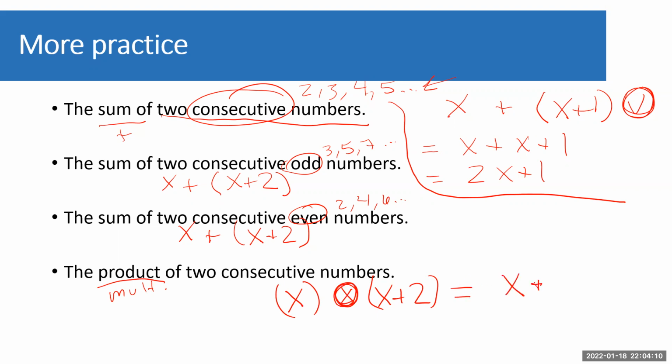So x times x plus 2, or you could just put them both in parentheses, which is what I prefer. And again, you could distribute that out to be x squared plus 2x, if you really wanted to, but right here would be a good answer. If you need to, remember, you can pause this and try to make more sense of it.